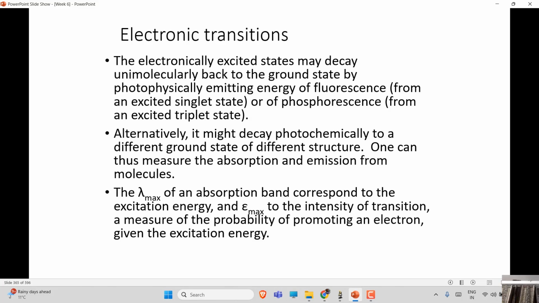Now, the electronically excited states may decay unimolecularly back to the ground state by photophysically emitting energy as fluorescence from an excited singlet state or phosphorescence from an excited triplet state. Alternatively, it may decay photochemically to a different ground state of different structure.